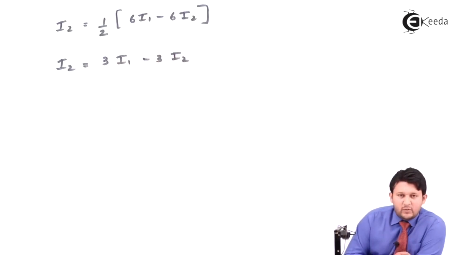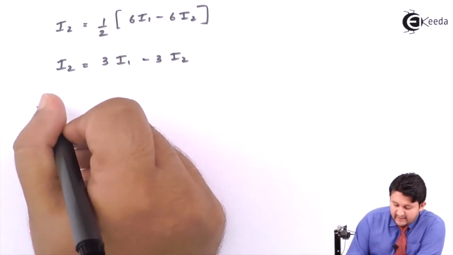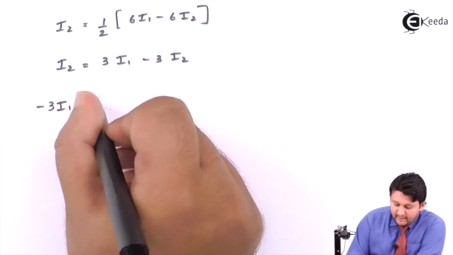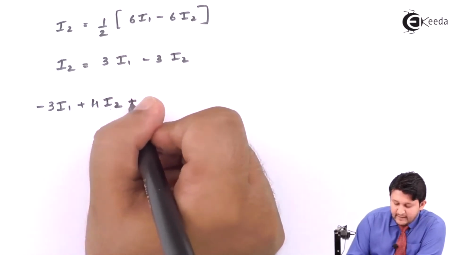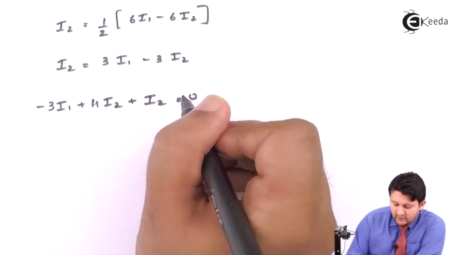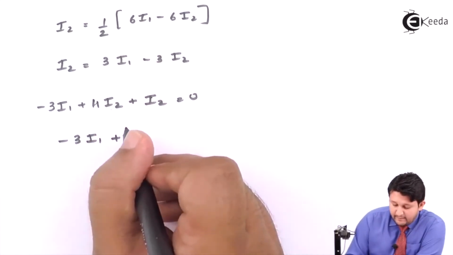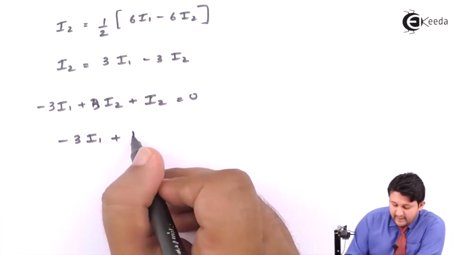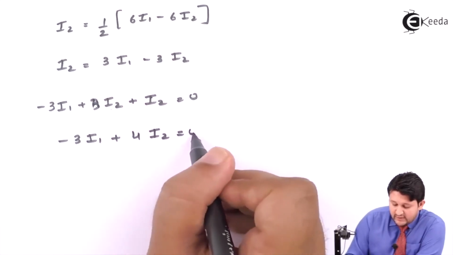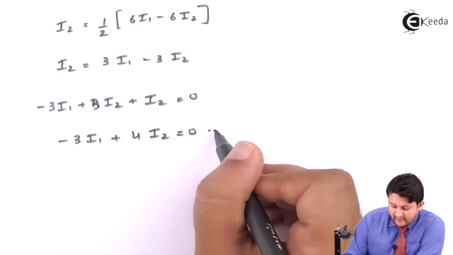Shift all the variables towards the LHS; on the RHS there is only a constant. So you'll get minus 3I1 plus 4I2 equal to 0. That will be your first equation.